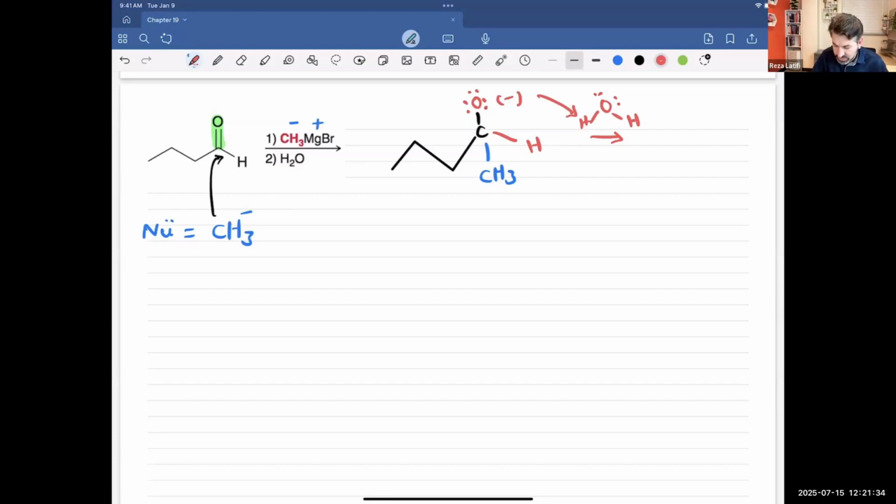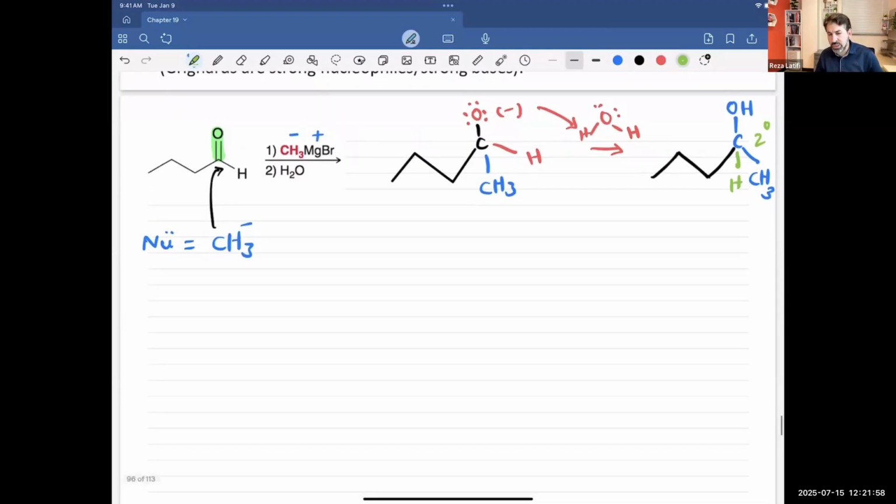And that's going to give us such a molecule. We got a carbon with OH, and on the other side we have CH3, and remember, we do have a hydrogen. So our alcohol will be a secondary alcohol. We started from an aldehyde, and we ended with a secondary alcohol.